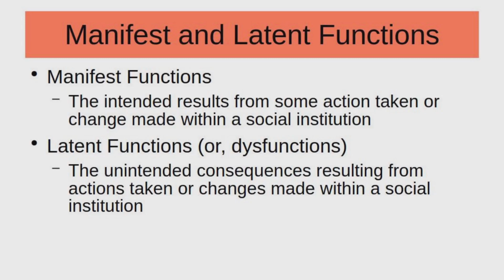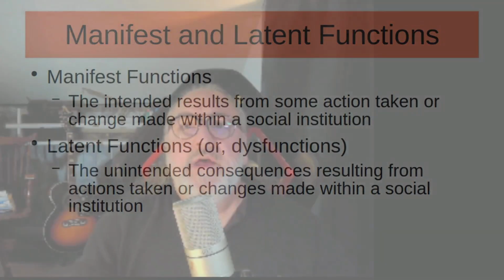So going back to the example of taxes, the manifest function of taxation is the increased availability of programs and services that are desired by the people within a society. The latent functions are related to the negative impact taxation has on the overall economy and also the positive impact it has on creating an entire industry based on tax law and tax preparation.